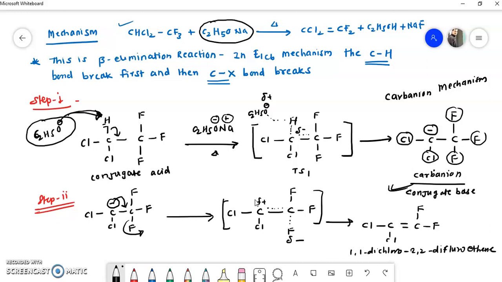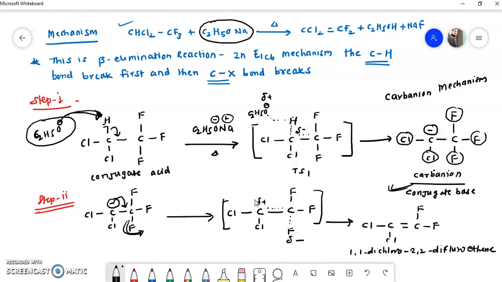So what happened in the second step? The elimination and formation of the double bond takes place. This double bond is forming here, and elimination is also happening there. The carbanion loses the leaving group, a halide, to give the alkene. Now if we consider this reaction, this is a first order reaction with respect to the conjugate base.